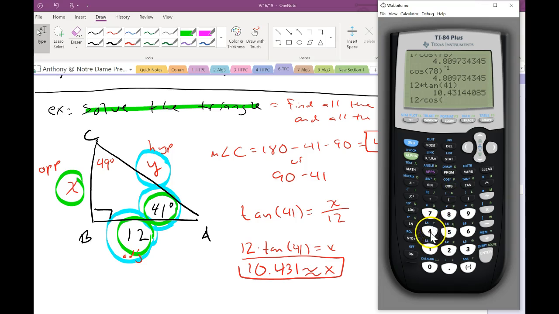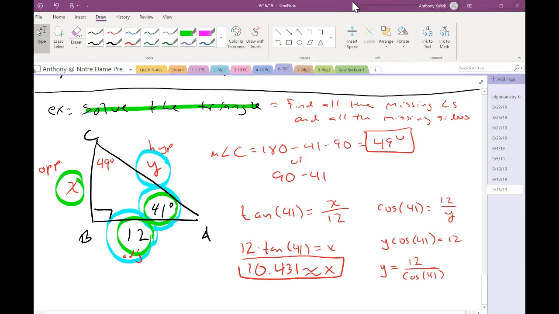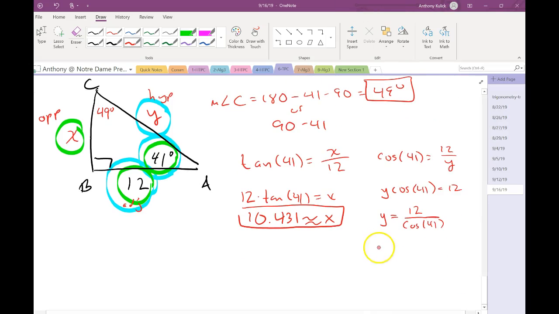And then I'll just type this into my calculator. And I get 15.900 approximately. Okay with that?